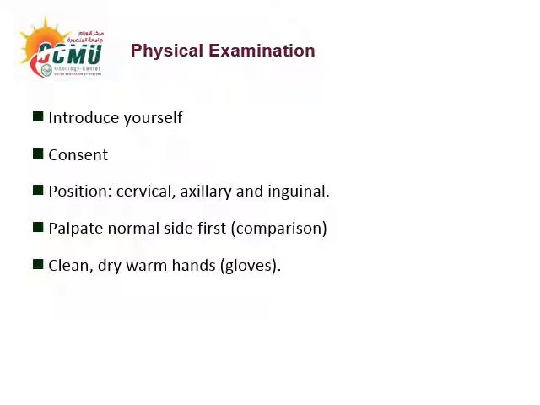After complete history taking, we will go for physical examination. First, you should introduce yourself and take consent for physical examination, and put the patient in a good position either for cervical, axillary, or inguinal lymph node examination. So positioning of the patient is a very important part.